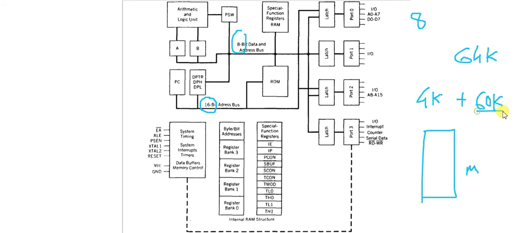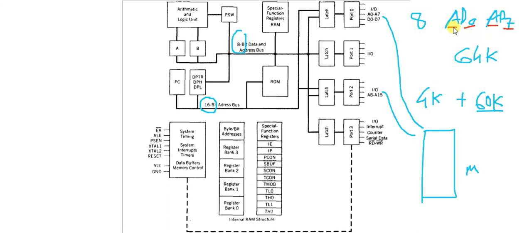To connect this additional 60K memory with this microcontroller, we need to connect these two ports with the microcontroller. Why? Because port 0 contains the AD0 to AD7 lines, which is a multiplexed address and data bus, where D0 to D7 is the data bus and A0 to A7 is the address bus.